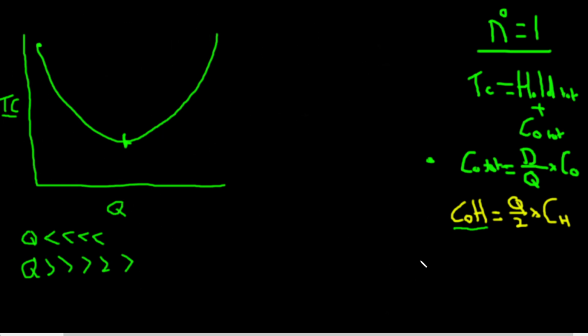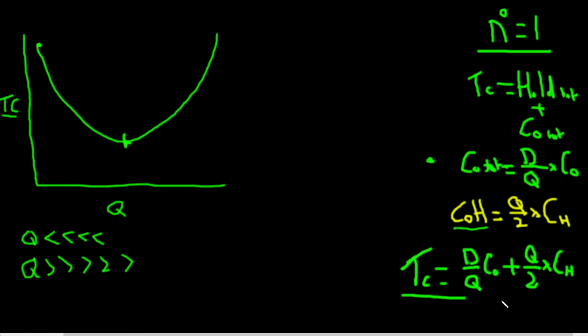In fact, I'll just write here, just to make it more obvious, your total cost is your cost of ordering times how much it costs to order each time, plus your cost of holding times how much it costs to hold a unit in the year. So this is our main equation here. So it's this point here, which we've just said.